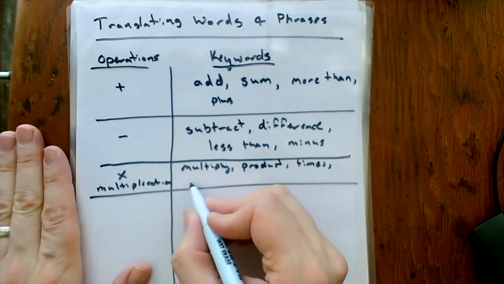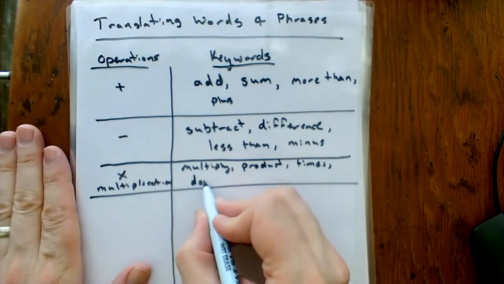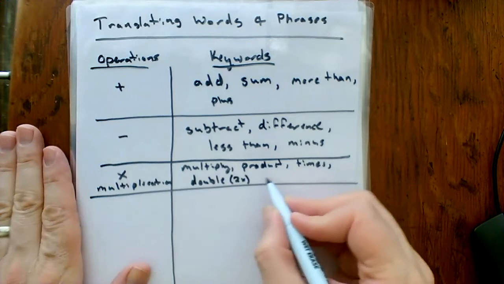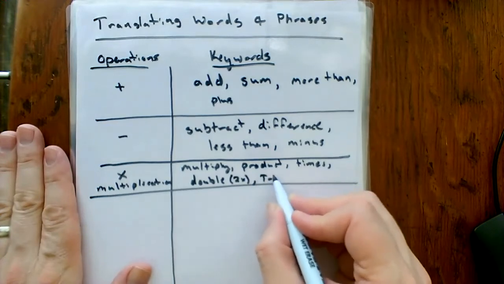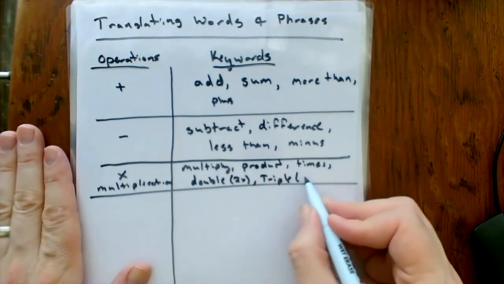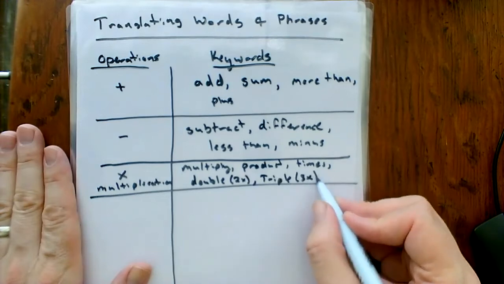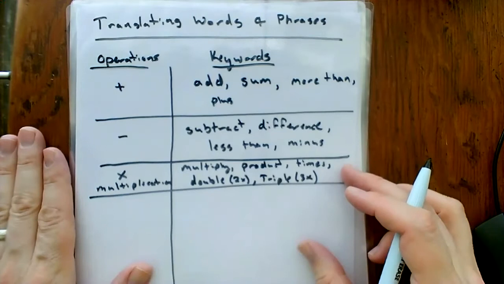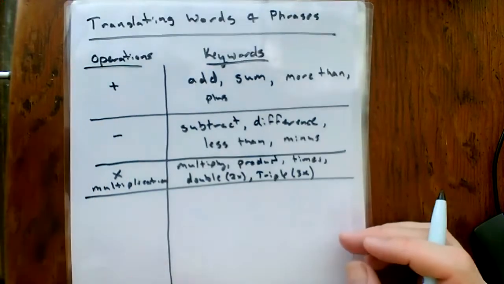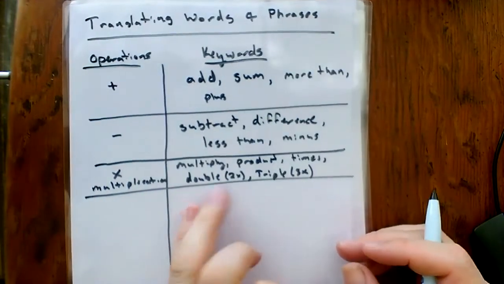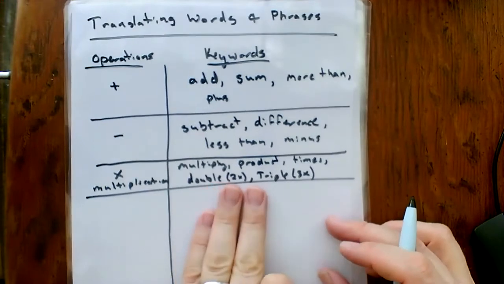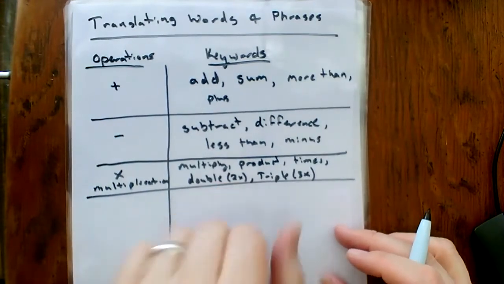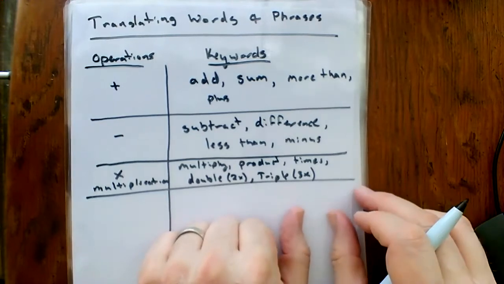But beyond that, there's a bunch of specialized words for multiplication. And things like double, which of course means 2 times something, or triple, which is 3 times something, or quadruple, which is 4 times something. And like I say, there's no way we could ever go through the whole thing, because I could do quintuple, which is 5 times, sextuple, which is 6 times something, septuple, which is 7 times something, octuple, novuple, decuple.